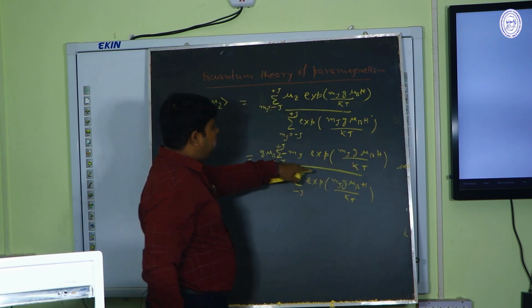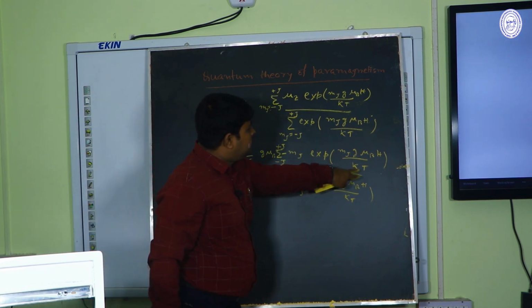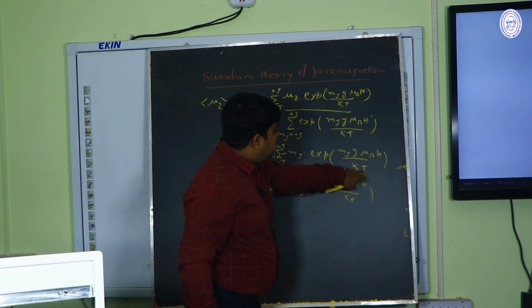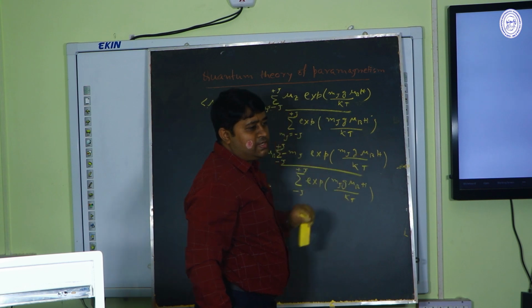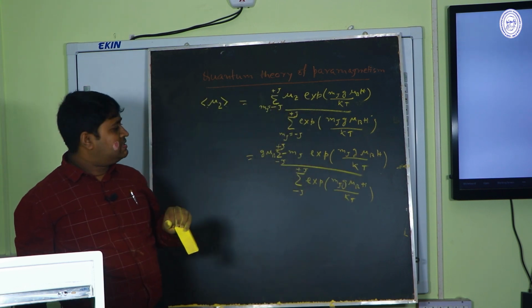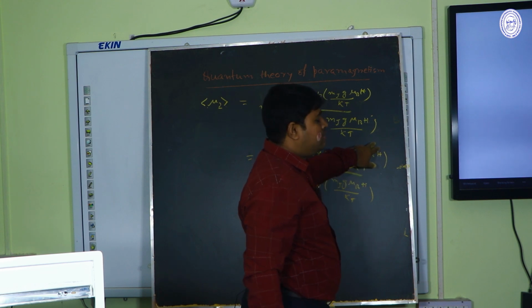Now, we take two different cases: when T is high and H is low. That means at high temperature and low magnetic field, this quantity is a fractional quantity.